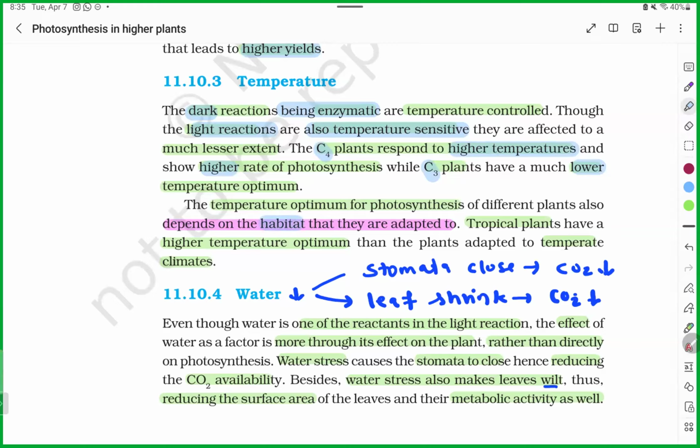Tropical plants जैसे इंडिया में can tolerate high temperature, but plants in cold countries like Germany, Canada are adapted to very low temperature only. Like a Himalaya plant cannot live in Rajasthan. Why? In the Himalaya region, temperature is low. In Rajasthan, temperature is high. So every plant is adapted to different temperature.